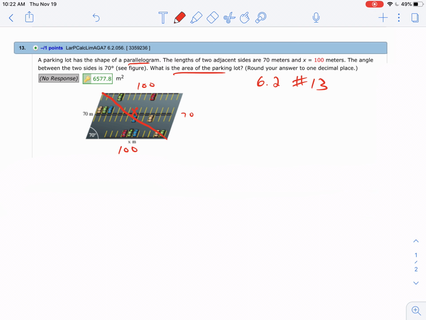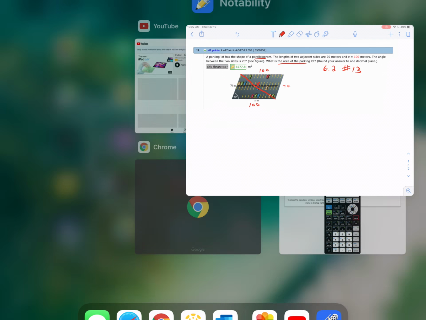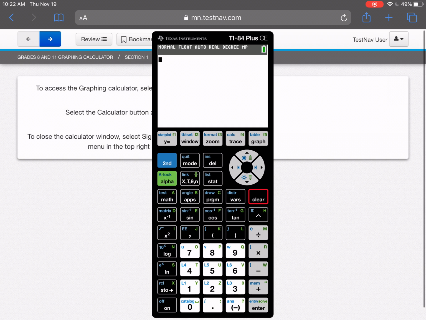So in this case, I would go to my calculator and I would type in the square root of 70 squared plus 100 squared minus 2 times 70 times 100 cosine of that angle that's between them, and that was 70 degrees. Technically close it. So I'm getting 100.55.